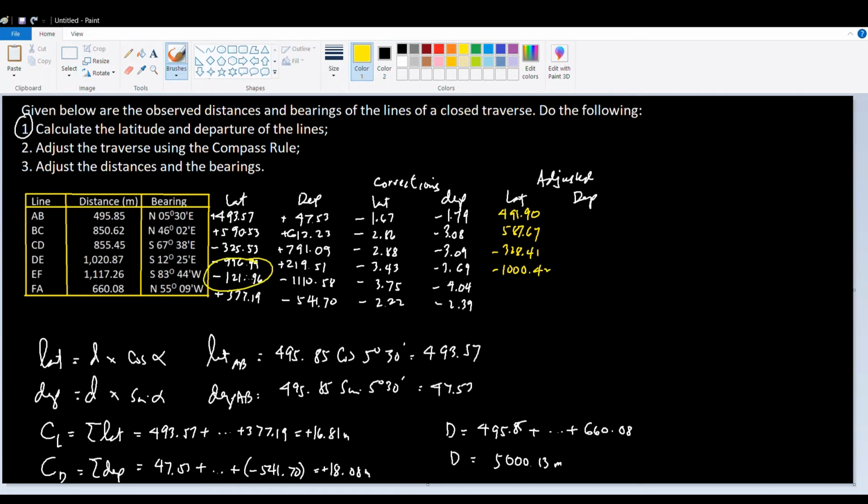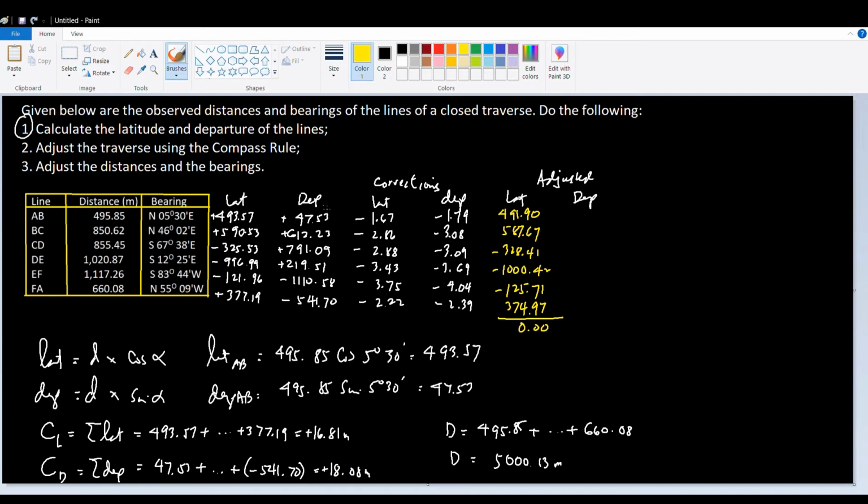Then negative 121.96 and negative 3.75 is negative 125.71. Then 377 minus 2.22 gives us 374.97. Okay? And you can check that. They should add up to 0.